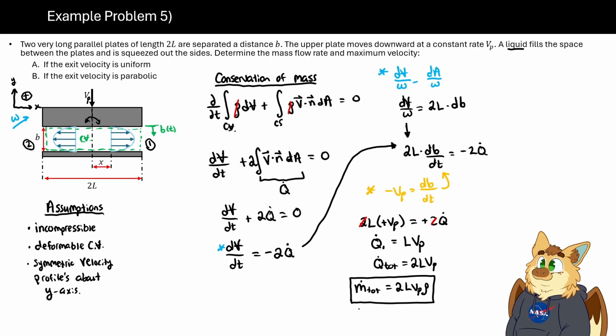Okay, so we have our total mass flow rate for our system. We also have our individual mass flow rate for each side, which would just basically be this divided by 2, or L times VP times rho. And then from here on out, we can start working on trying to solve for these exit velocities.